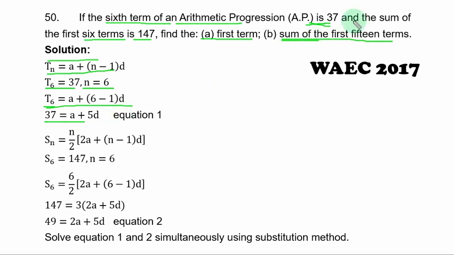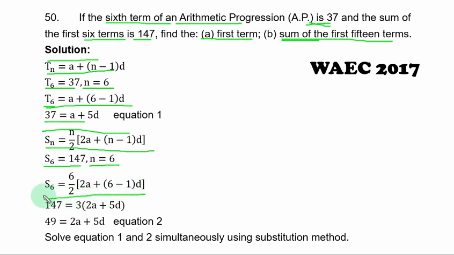Looking at the second statement, the sum of the first 6 terms, we use the sum of terms formula to get another equation. S sub 6 is 147. At this point, n is equal to 6. You replace n by 6 in this formula, you have this result.